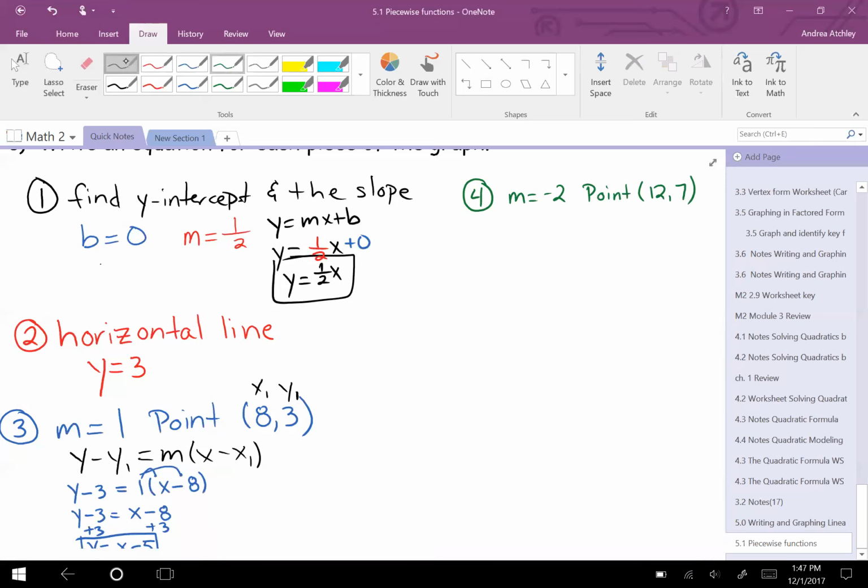Okay, again, we're going to plug it in to y minus y1 equals m times x minus x1. So I'm going to get y minus 7 equals my slope of -2 times x minus 12.